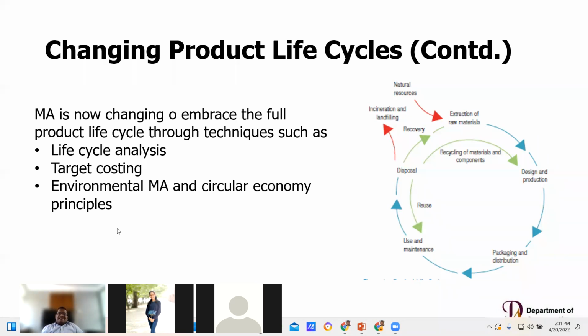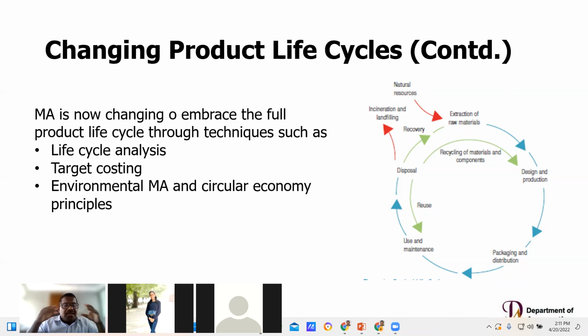Life cycle analysis. You look at the total life cycle of the product, not only the introduction, but you think about the development stage also. Development stage, production, growth, maturity, decline, after that. So you consider that.